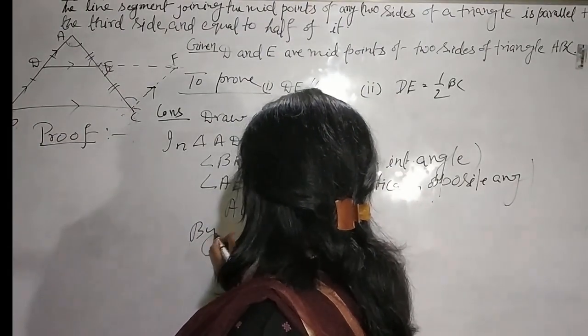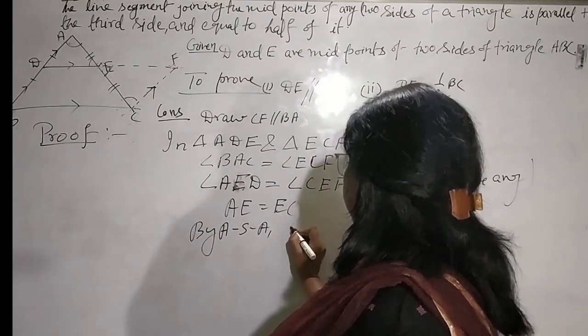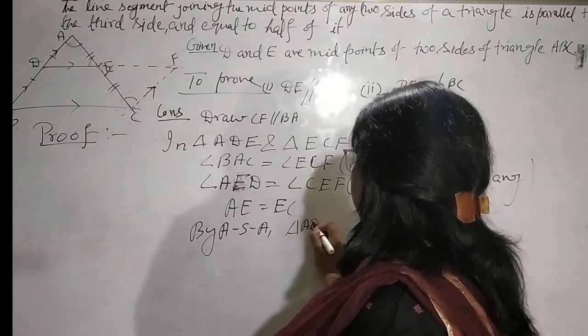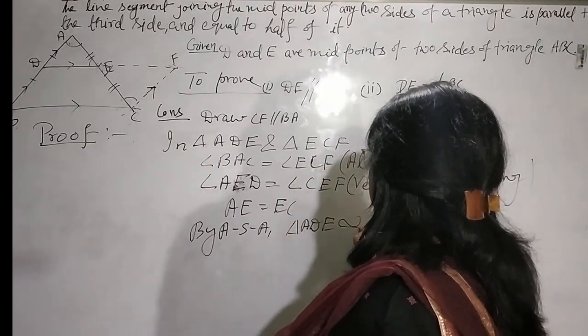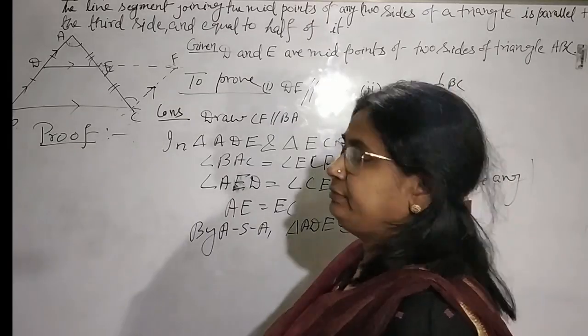By ASA, triangle ADE is congruent to triangle ECF.